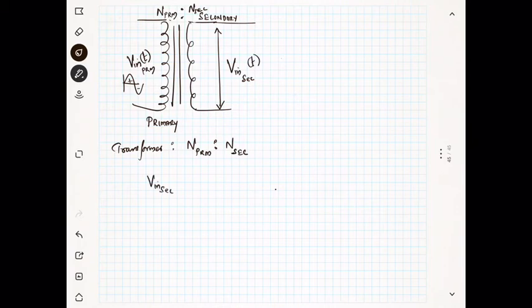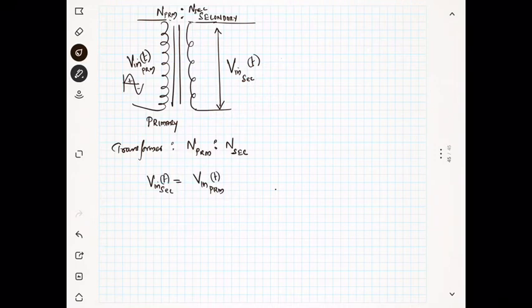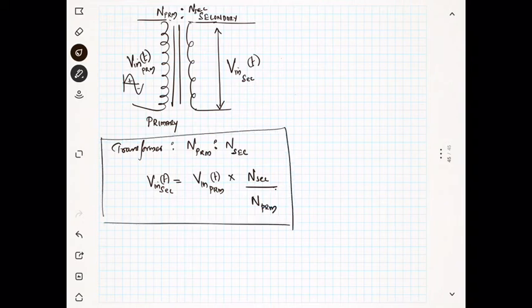V in secondary is equal to V in primary as a function of time multiplied by the number of turns in the secondary divided by the number of turns in the primary. This is how you can calculate the voltage across the secondary.